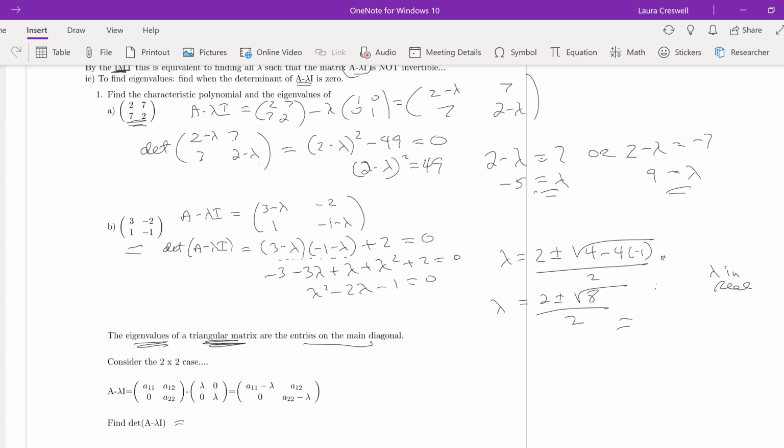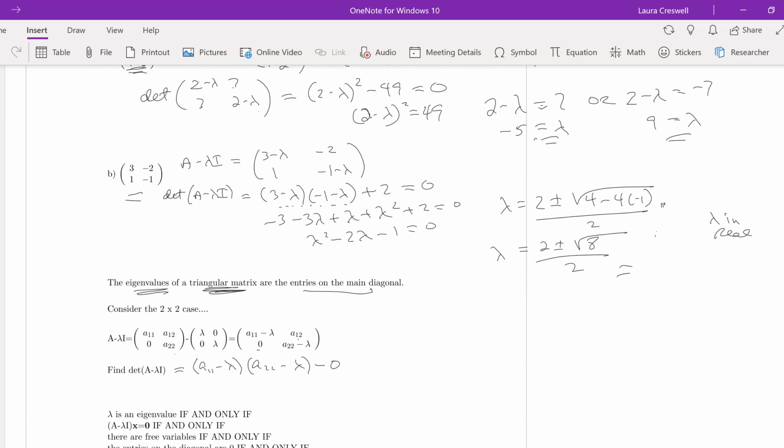If I take the determinant of this matrix, this gives me (a11 minus lambda) times (a22 minus lambda), subtract these two multiplied, which is 0. So I'm setting this equal to 0, right? So I get these two equal to 0. So one lambda is equal to a11, and the other lambda is equal to a22. So these are the diagonal entries.